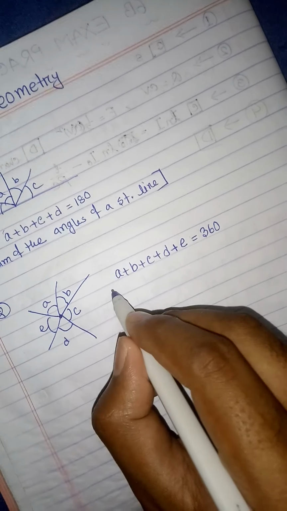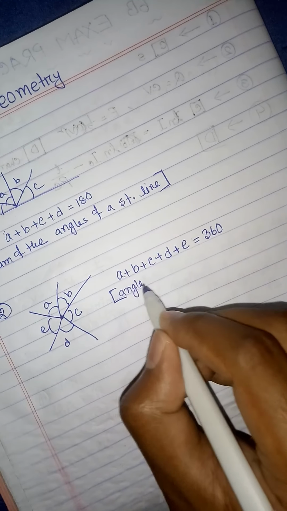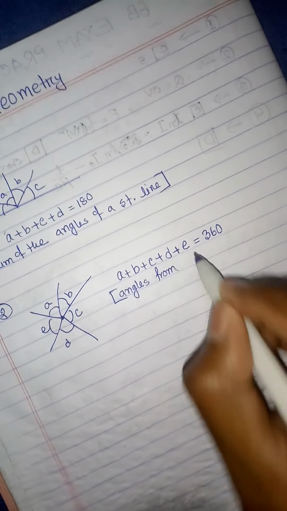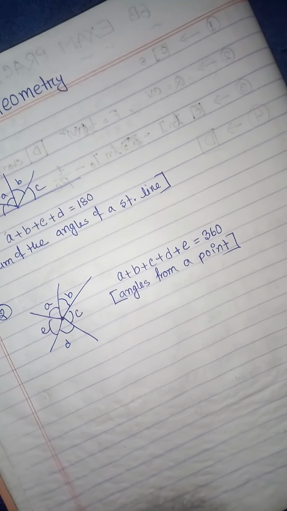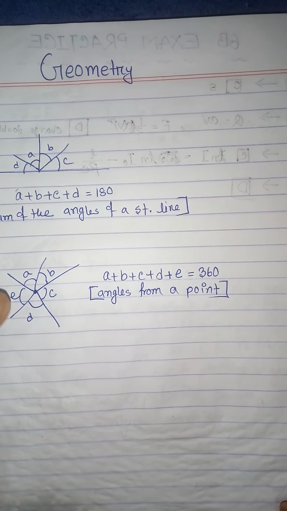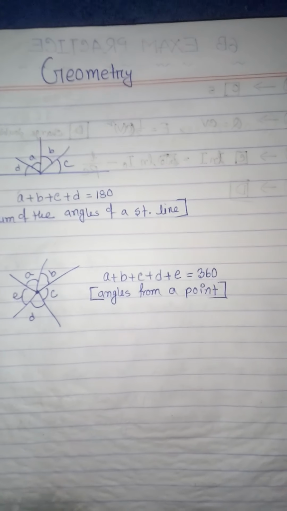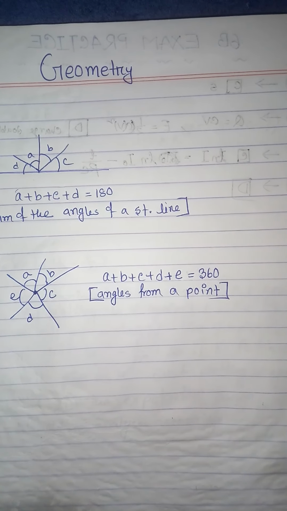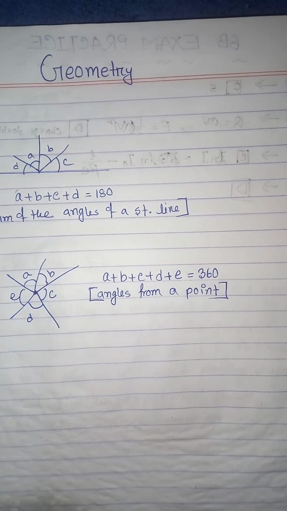The name of the theory is angles from a point. If angles form like this, you can add them up and the summation will be equal to 360.